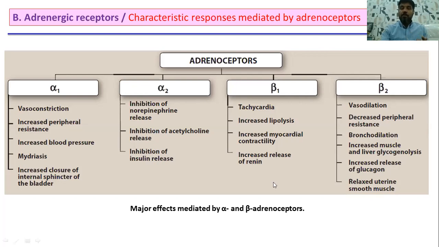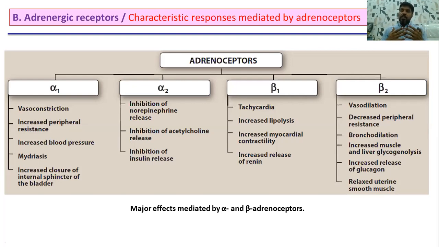What about beta 1 receptor? Beta 1 receptor is available mainly on cardiovascular tissues, and binding of a specific beta 1 agonist to its receptor can cause an increase in the heart rate, or what is called tachycardia. Tachycardia means an increase in the heart rate.